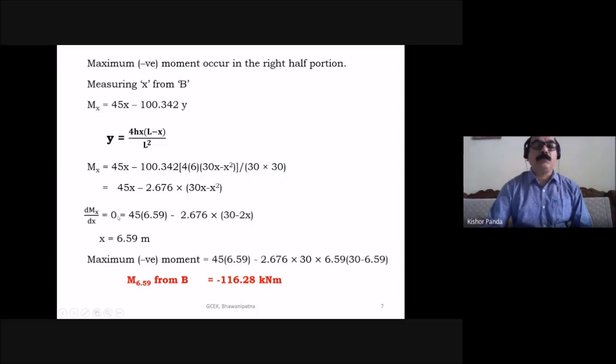After taking the differentiation of this equation with respect to x and simplifying, you will get x is equal to 6.59 meter. So at a distance 6.59 meter from the support B, you will get the maximum negative bending moment.